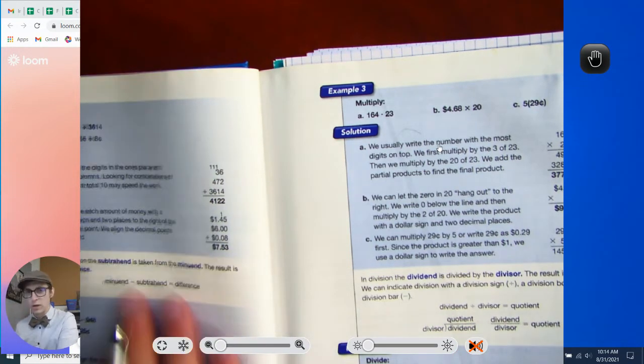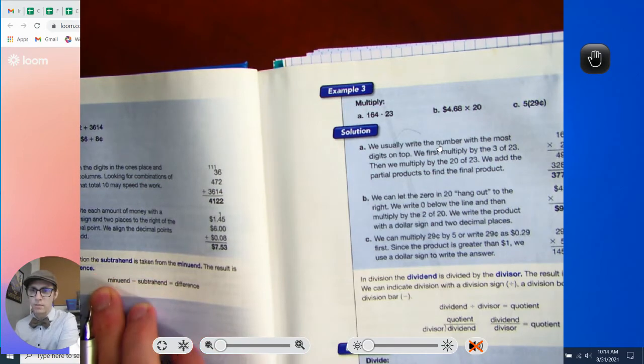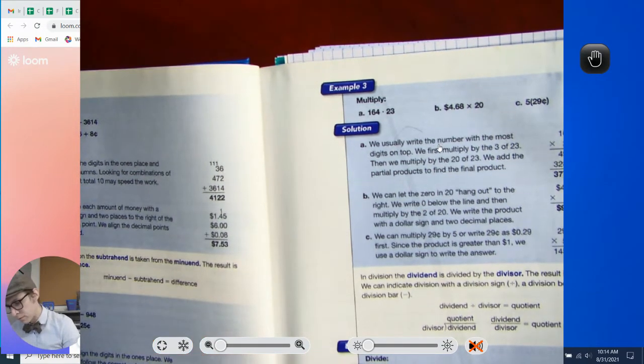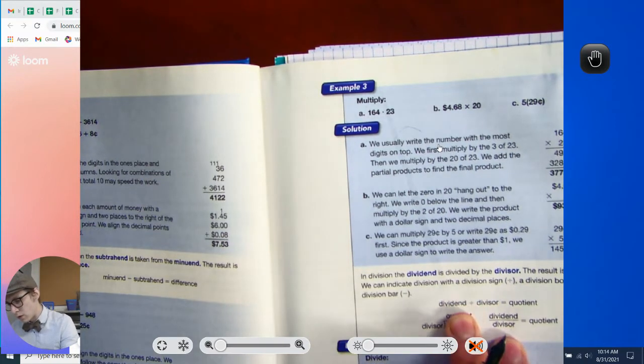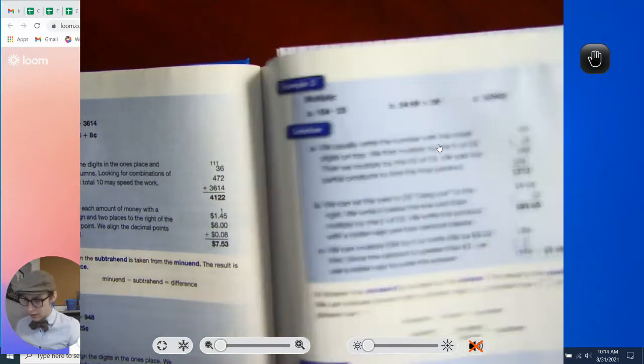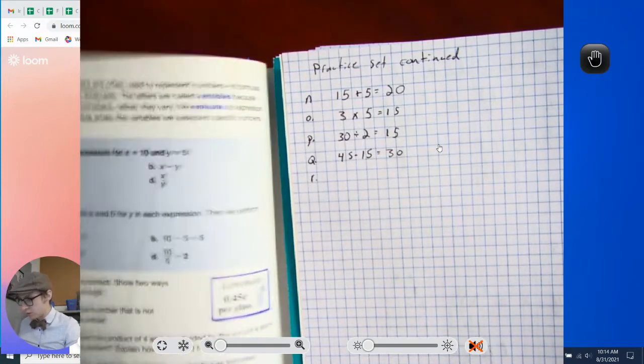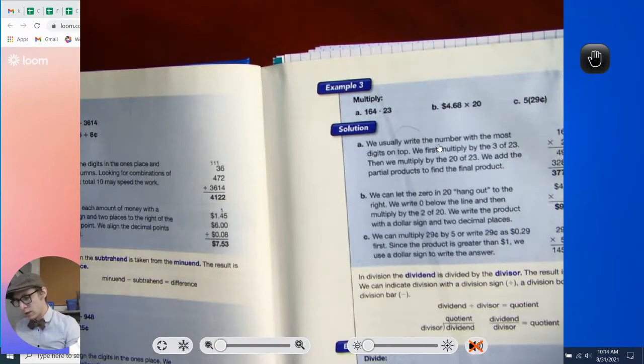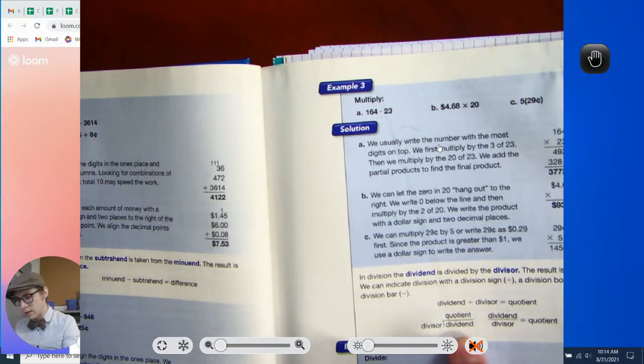I also misspoke here too. The minuend is not always the bigger number either. Okay. All right, so dividend divided by the divisor equals the quotient, and we need the dividend, right? Yep, so if you look here, the dividend is the number in the division sign.